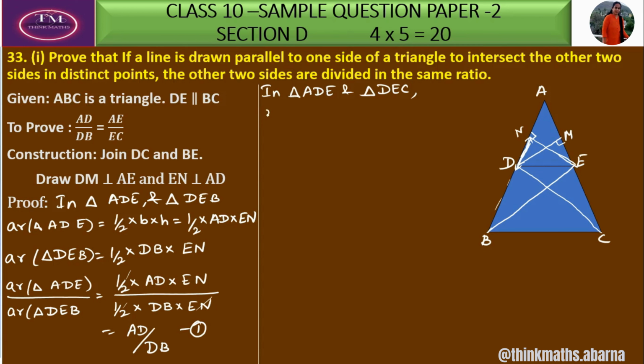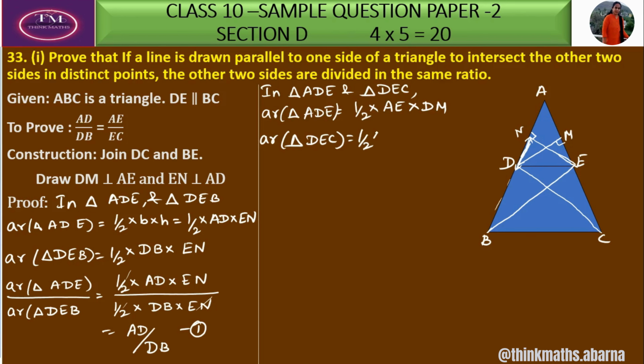So area of triangle ADE is equal to half into AE into DM.